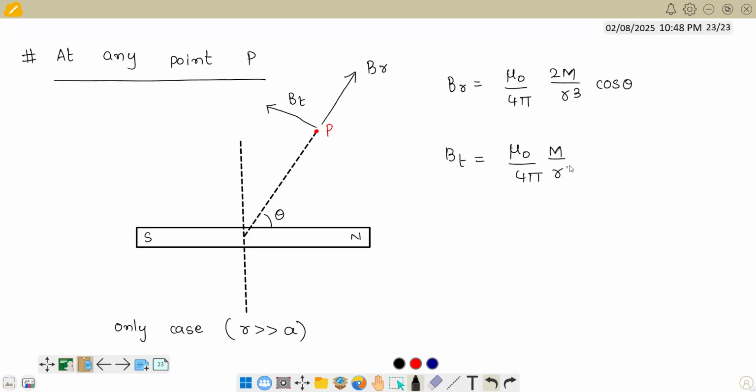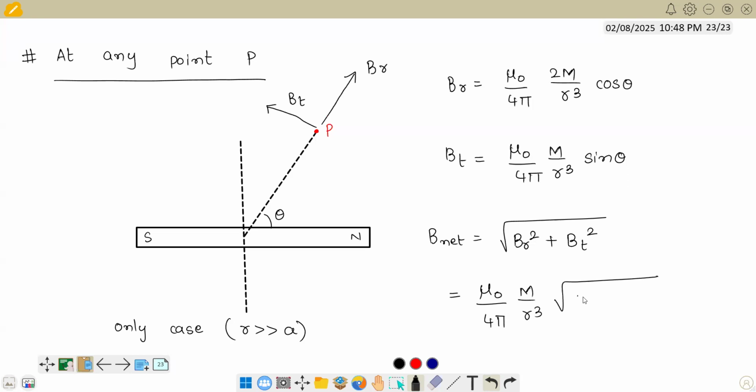So m by r cubed into sin theta. And B resultant, or B net, would be root of B radial squared plus B tangential squared. So you will get mu naught by 4 pi m by r cubed into root of 3 cos squared theta plus 1. If you substitute everything and do it, this is the final result you will get.